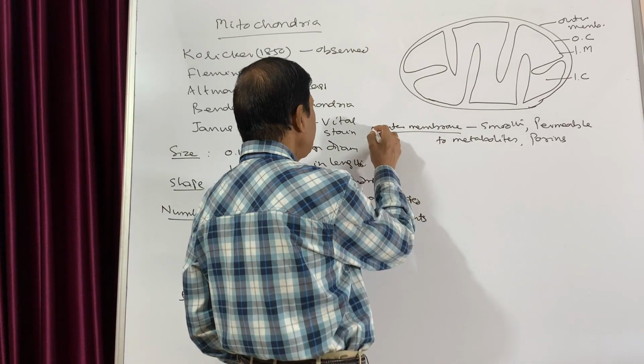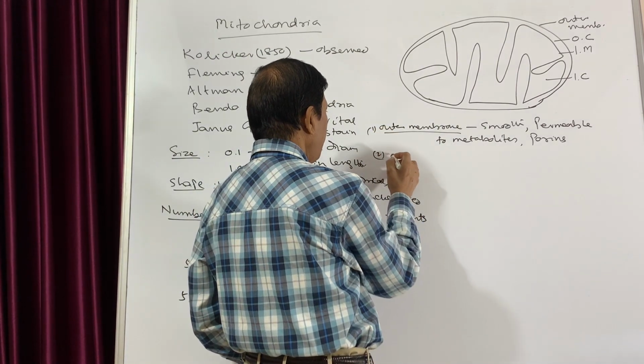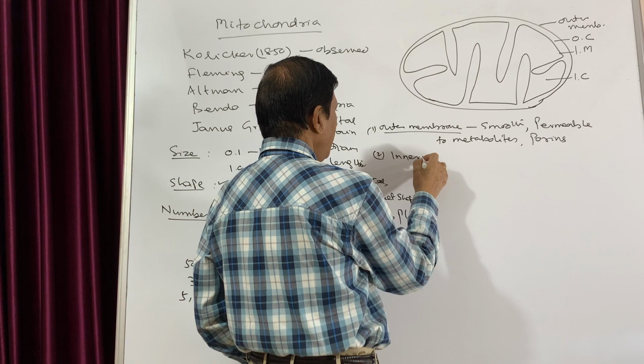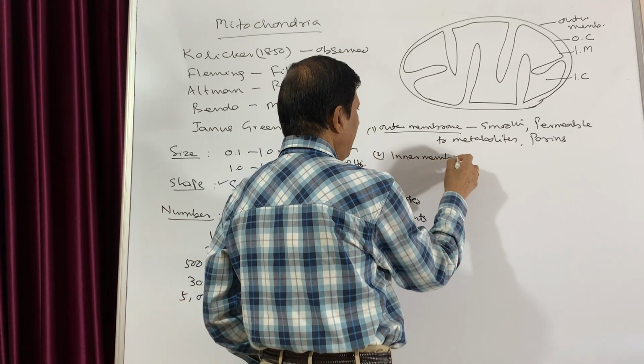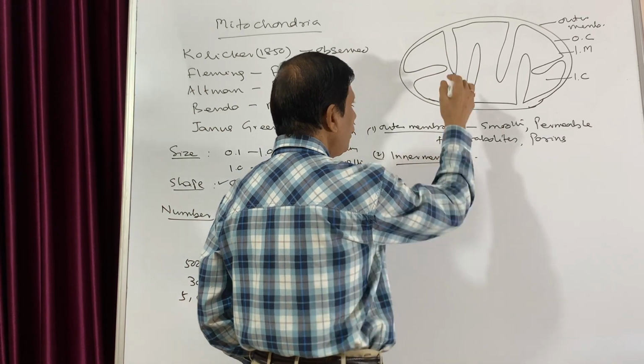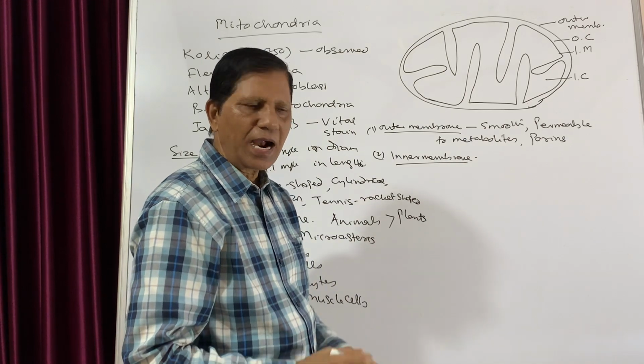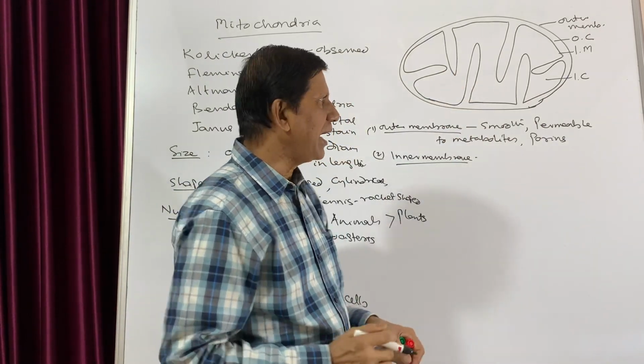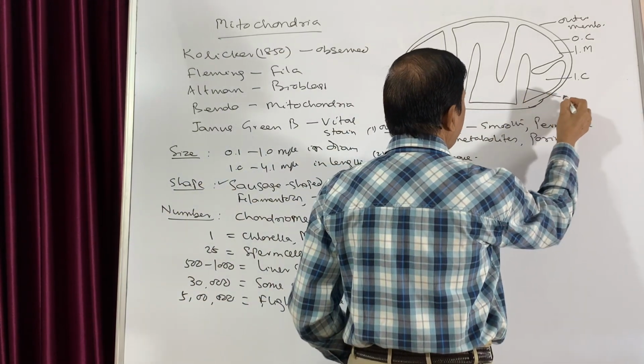Now the next one is the inner membrane. The inner membrane is not smooth and has several enfoldings, and the enfoldings are known as cristae.